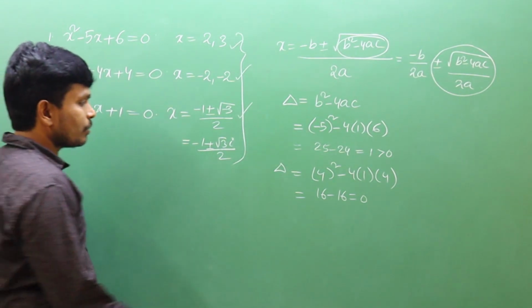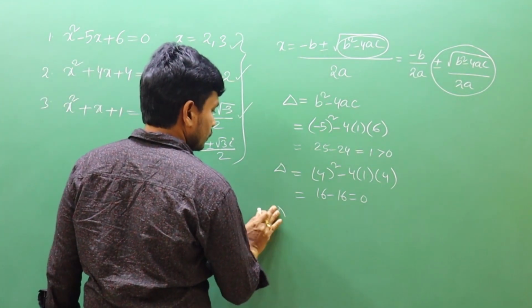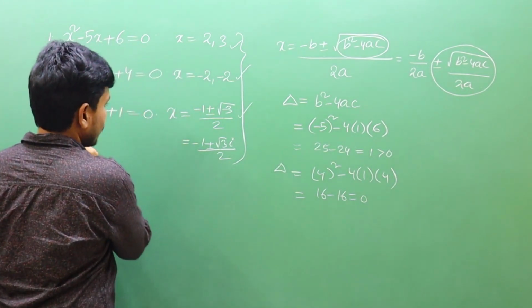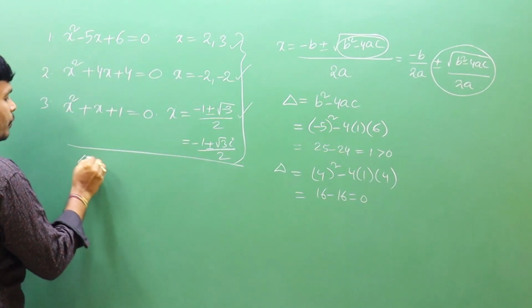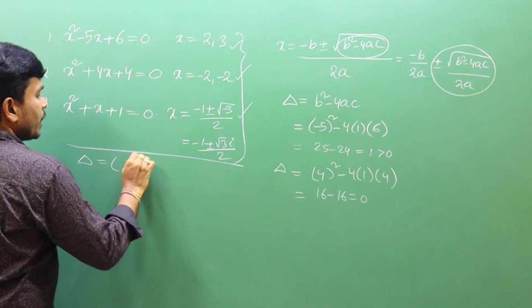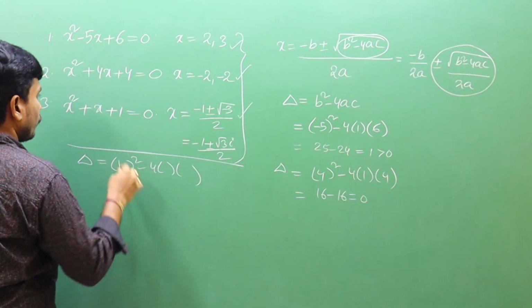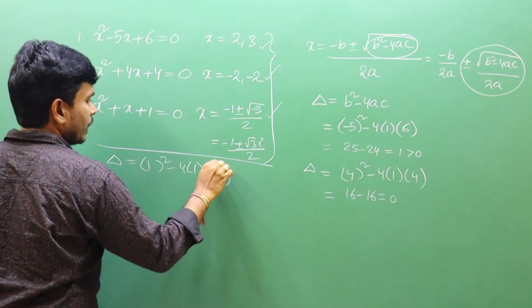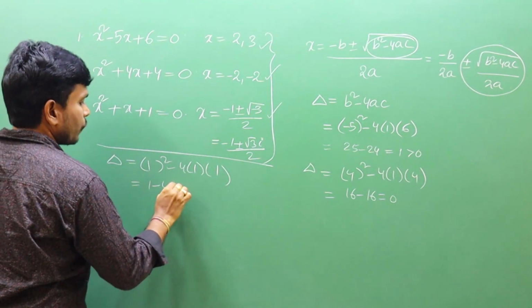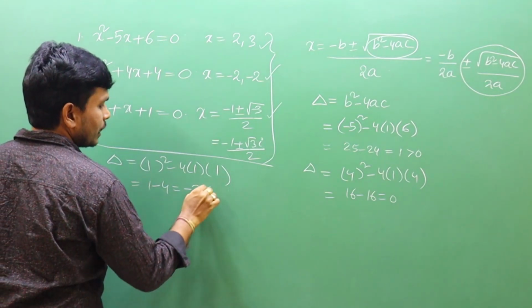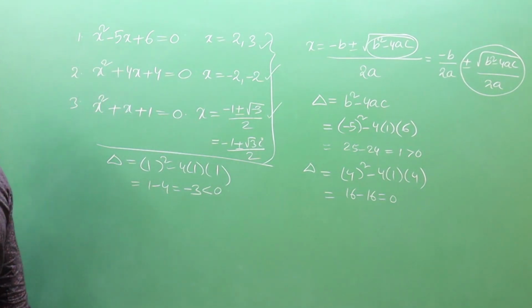And third one, you observe, third one. So this is the third one. For third problem you find delta. b square minus 4ac. What is the b value? 1. A is 1, C is 1. So 1 minus 4, that is minus 3. It is negative.